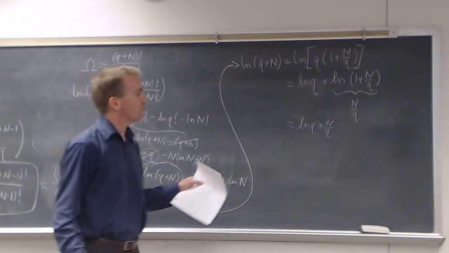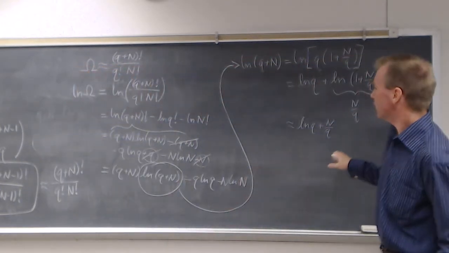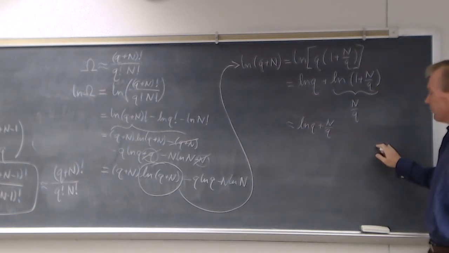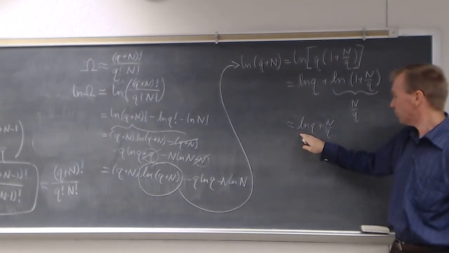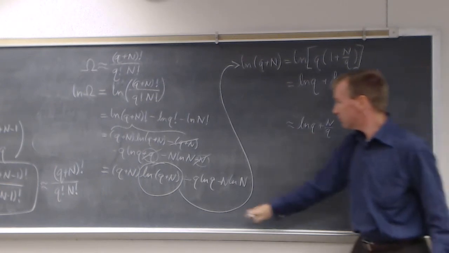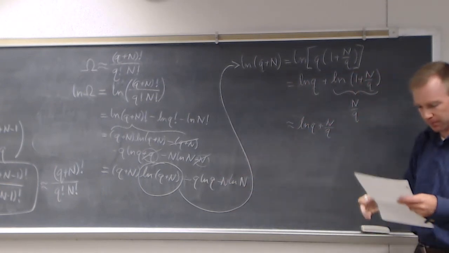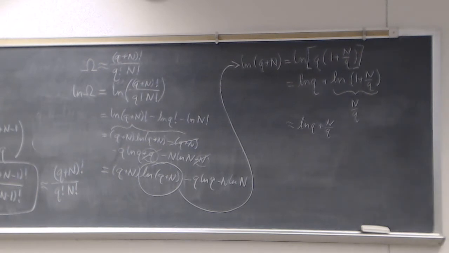Okay. So now we've gotten rid of most of the ugly terms in this. We're still left with some logarithms, but now it's just a log of q. We've also got a log of q and a log of n there. So let's put all of these together. I'll put it to the next board.